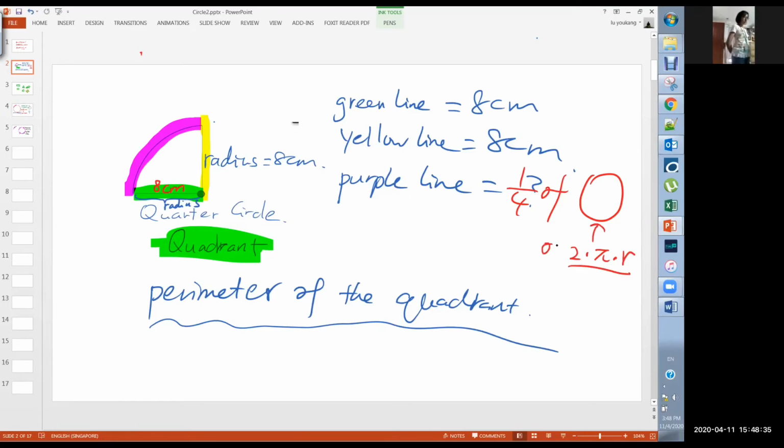Of, copy down 1/4. So what I do is 1/4 times, of means times, right? So 2 times pi times, what's R here? The radius. Yeah. So what's the value? 8. Okay. In your school, what's the value for pi?